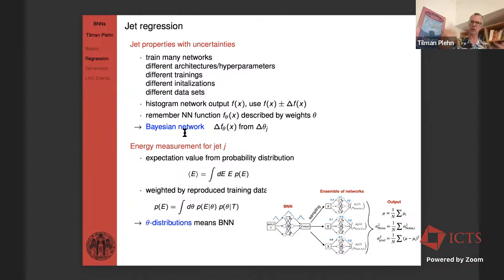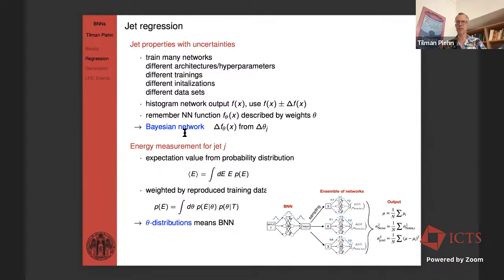There's also a bunch of physics: smearing, measurement uncertainties. So there are a lot of physics effects which affect the translation of the parton energy to the energy of the sum of all constituents.